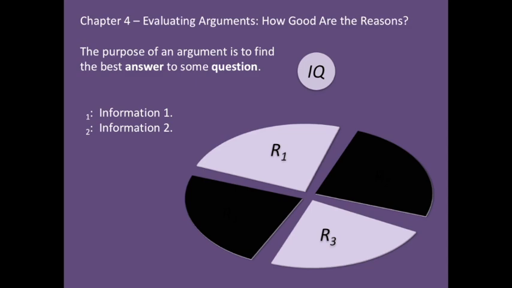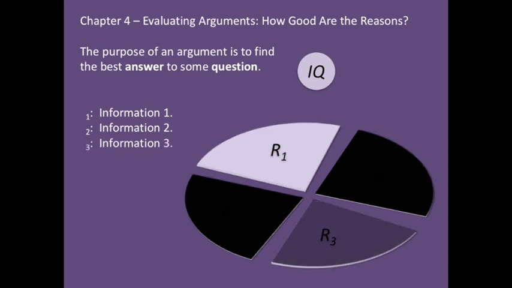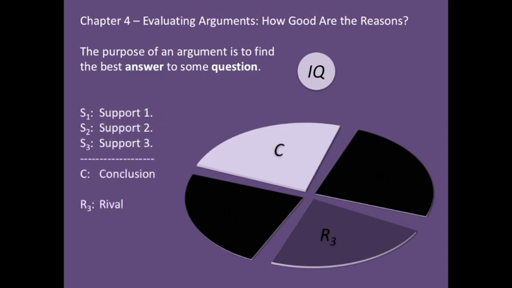Some of the possible answers we remove from the list. They don't seem like serious possibilities anymore. Maybe one of the answers, R3, starts to look less likely. It's still a possible answer to the question, but just less likely than R1. And if all goes well through this process, one of the possible answers will rise to the top as the best answer. Then, when we just move around the labeling a little, you can see how the process that we've just gone through basically leaves us with an argument.